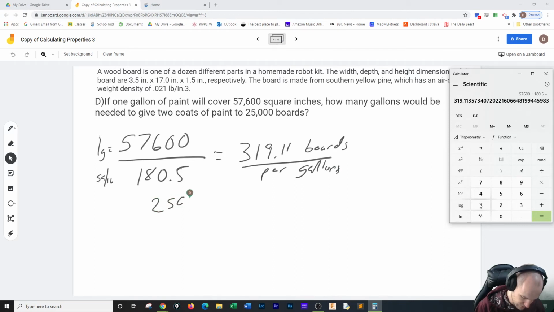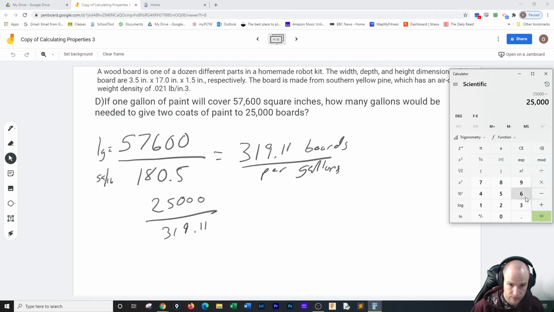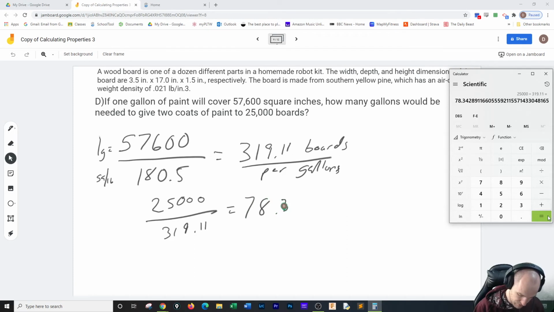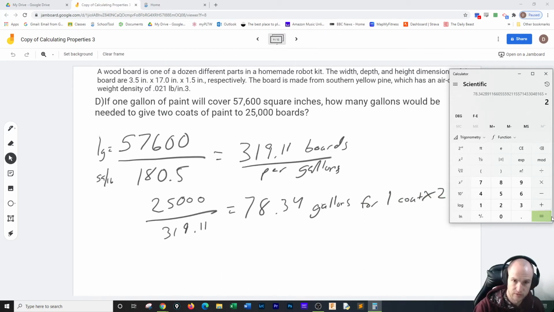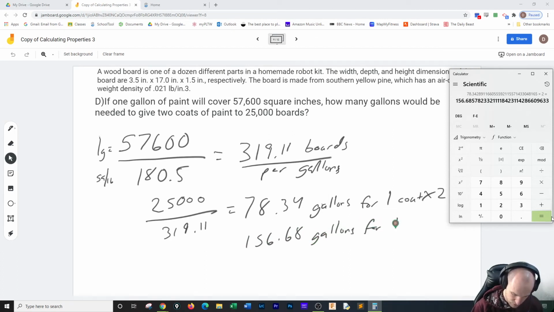So 25,000 divided by 319.11 equals 78.34 gallons for one coat, and I need 2 coats, so I have to multiply that by 2, and I get 156.68 gallons for 2 coats.